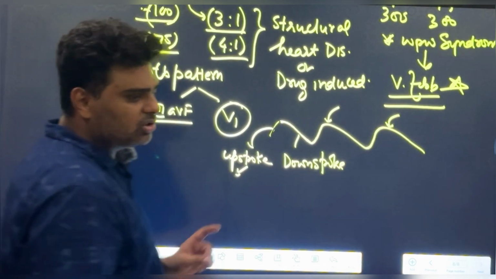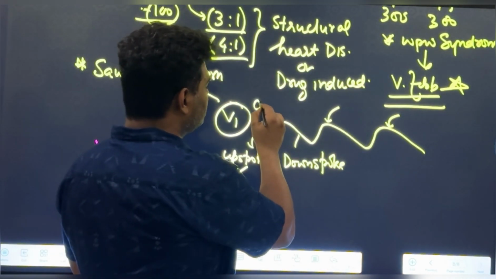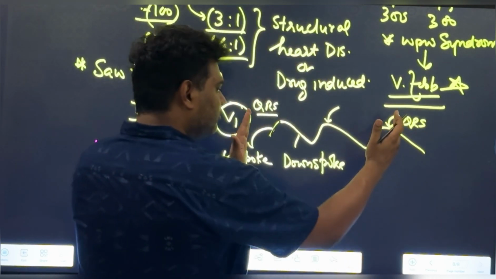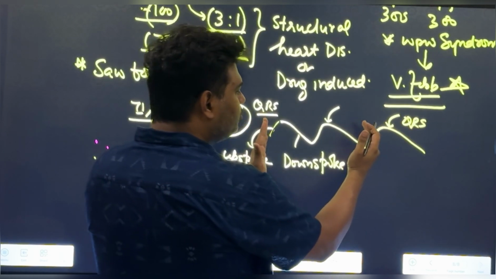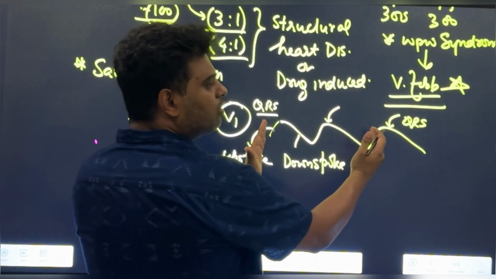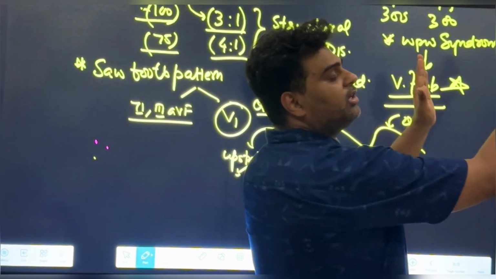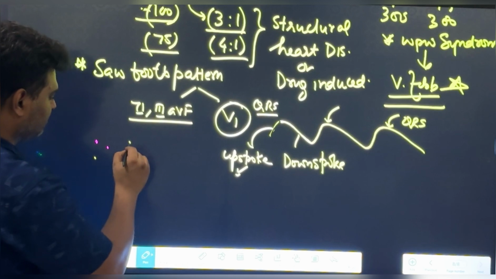And please remember, the second point about the sawtooth pattern: if you take two QRS complexes, the sawtooth pattern between them will be just a replica of the sawtooth pattern between the other two QRS complexes. So the pattern will be the same.